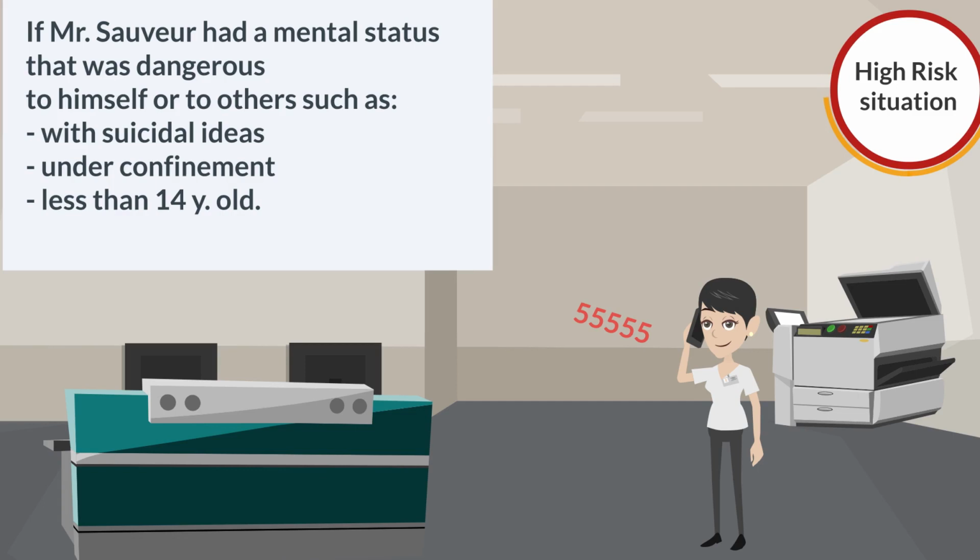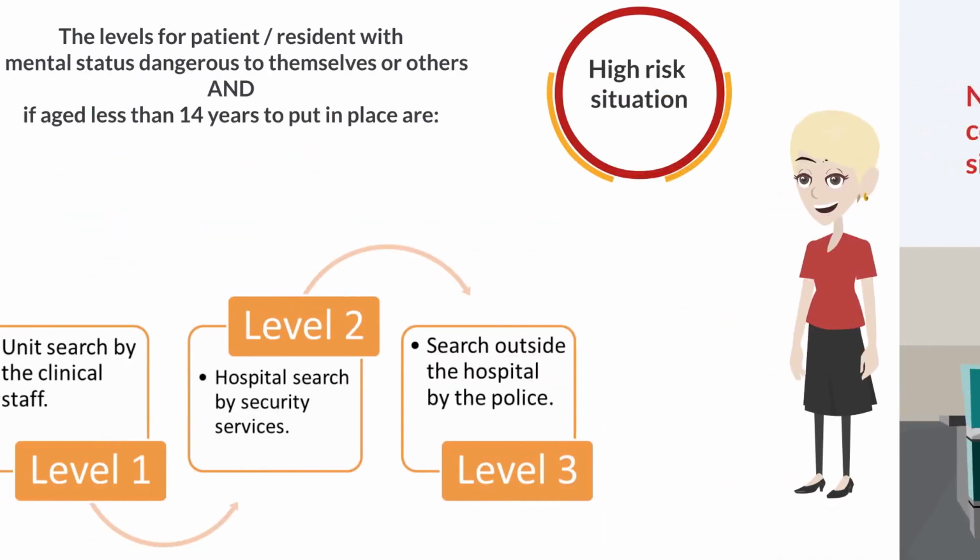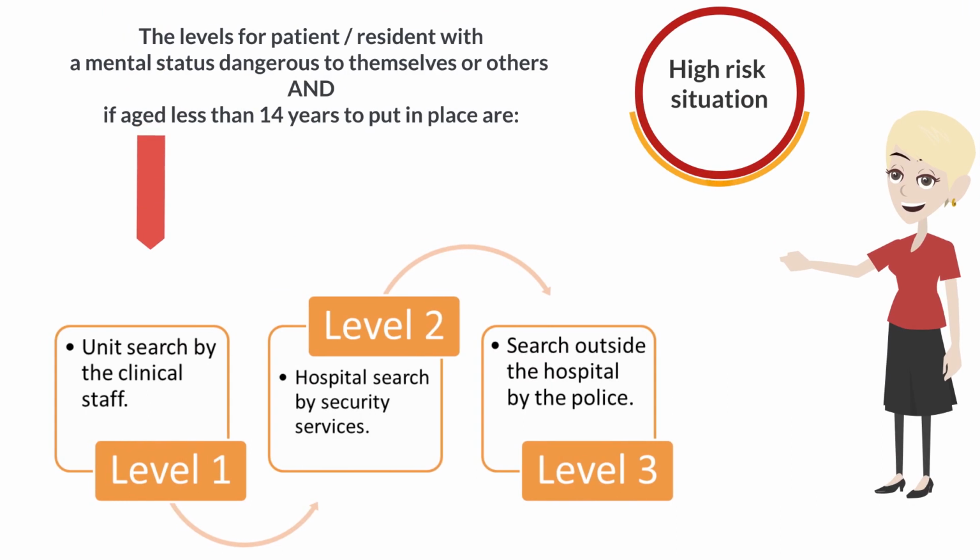If Mr. Sauver had a mental status that was dangerous to himself or to others, a level 1 and 2 must be activated simultaneously. The search simultaneously occurs on the unit at level 1 and all around in the hospital at level 2.